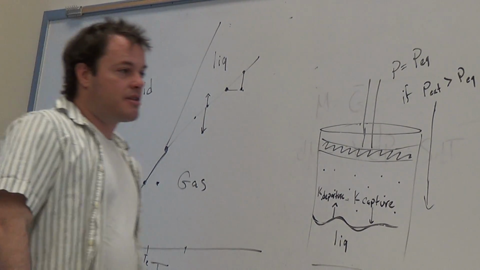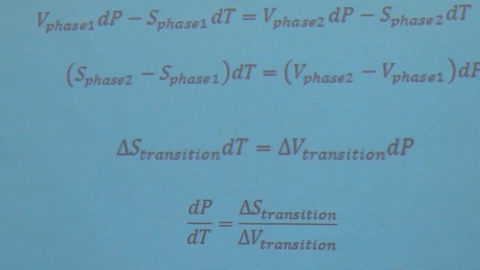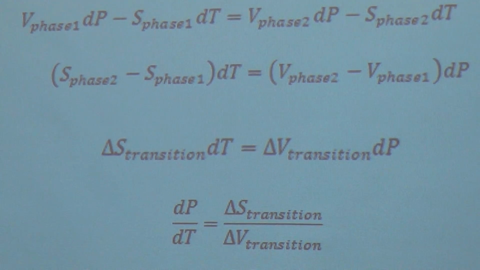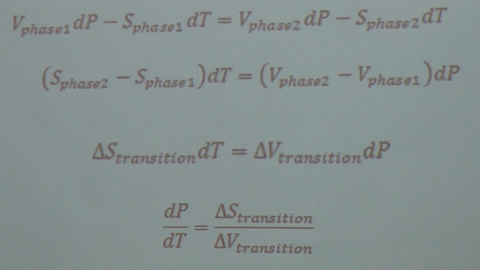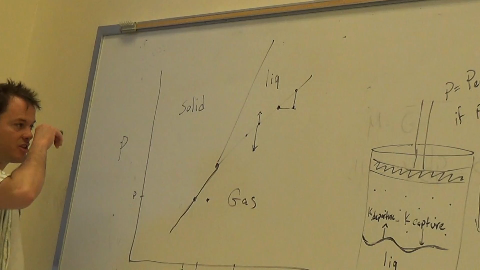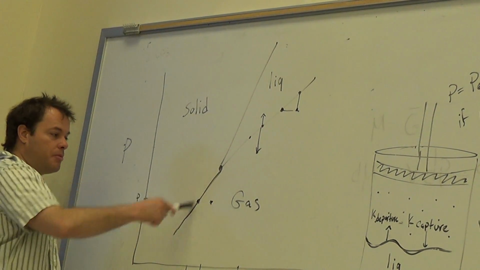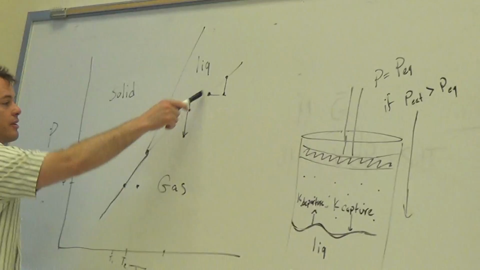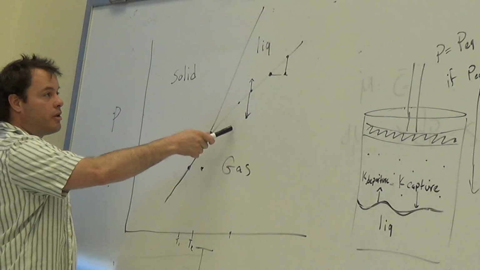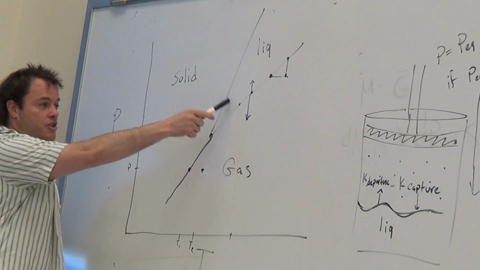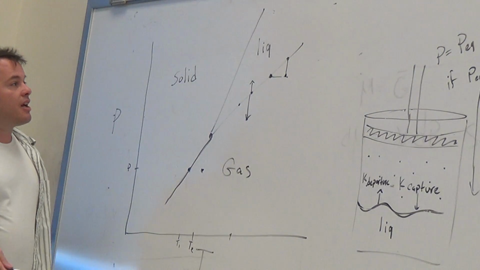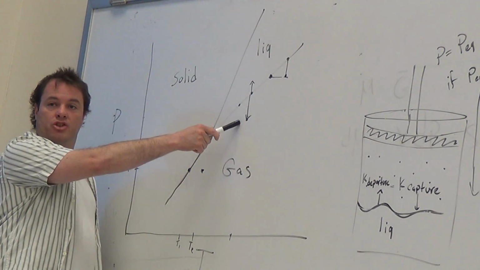It turns out that it's the change in the volume that has the largest effect on the magnitudes of these slopes. So while we do expect that delta S is going to be relatively large for a solid to gas or a liquid to gas transition, the slope of the solid gas line and the liquid gas line ends up being lower than the slope of the solid liquid line, even though these transitions have a larger delta S, because the delta V here is so much larger.